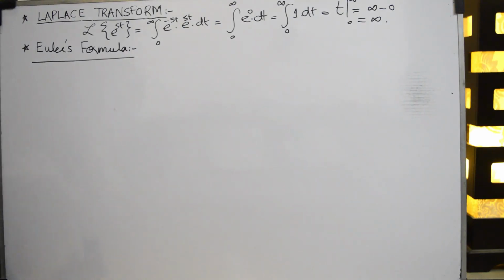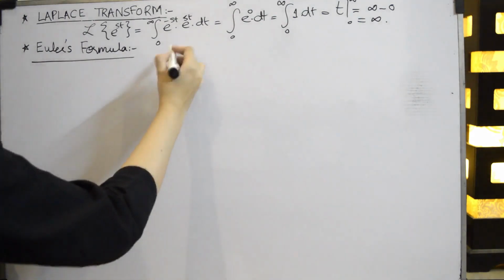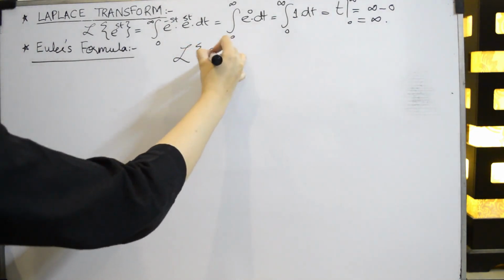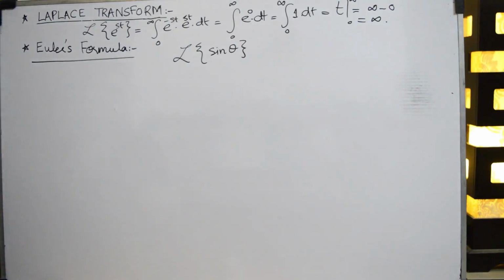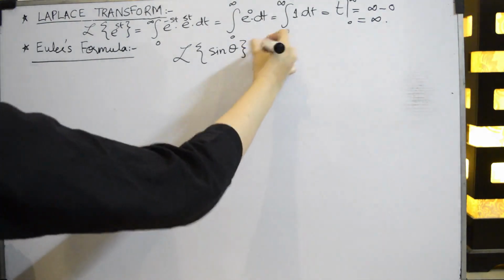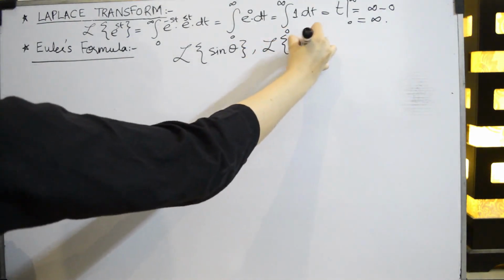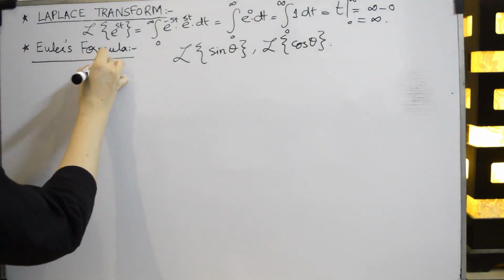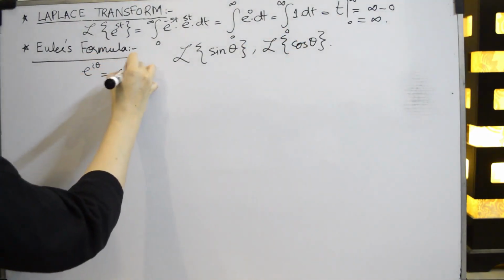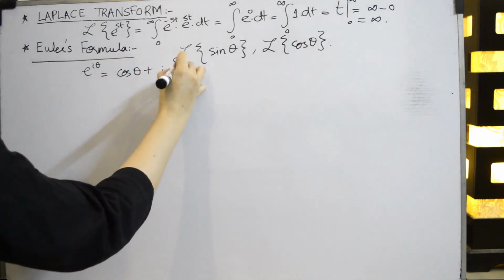Okay, now our next topic in the Laplace transform is to find the Laplace transform of the trigonometric functions, that is Laplace of sine theta, where theta can be any angle, and Laplace of cos theta. The identity is given by e to the power iota theta equals cos theta plus iota sine theta.